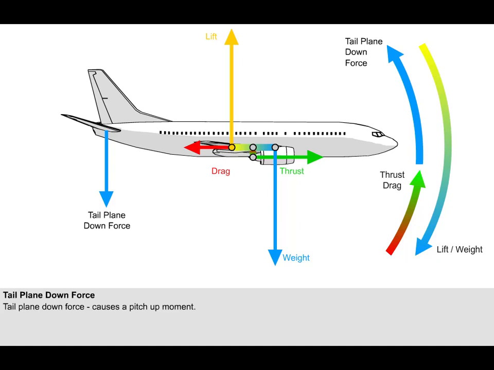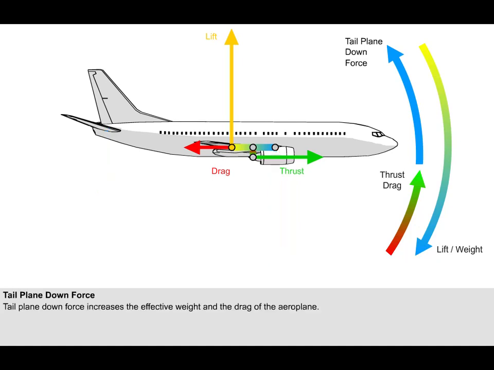Although such a force is necessary for level flight, it does have two adverse effects on aircraft performance. Firstly, notice that the tail plane downforce acts in the same direction as weight. It therefore increases the effective weight of the aircraft. The second adverse effect of the tail plane downforce is its contribution to drag. The tail plane is an aerodynamic surface designed to produce lift.